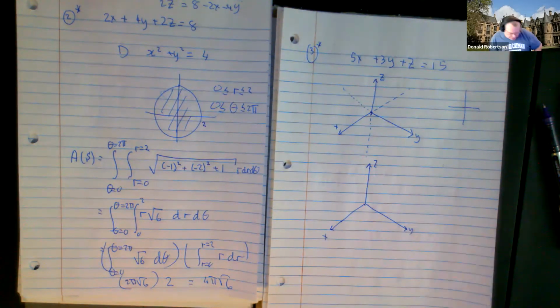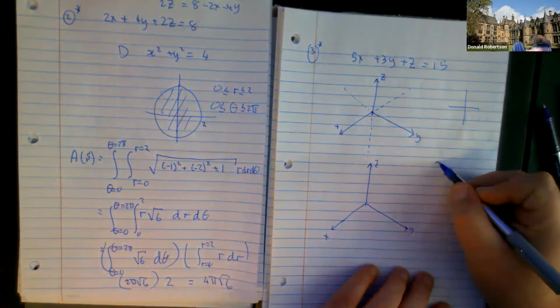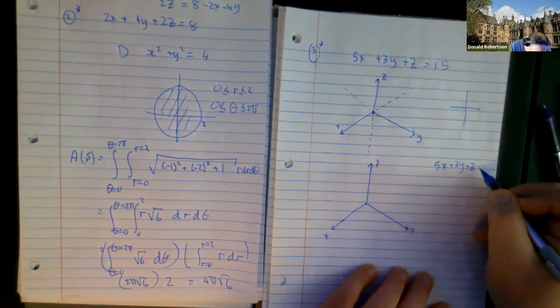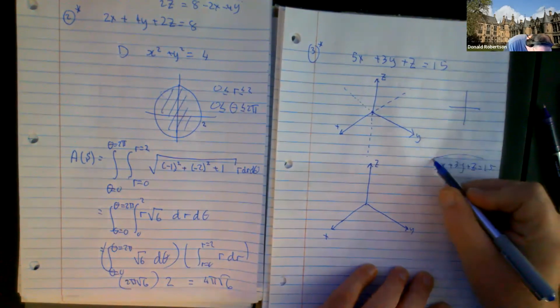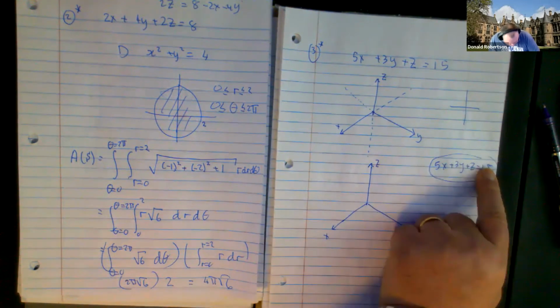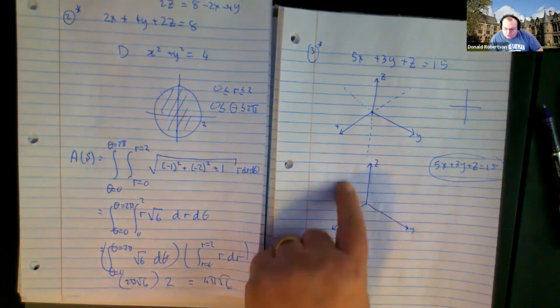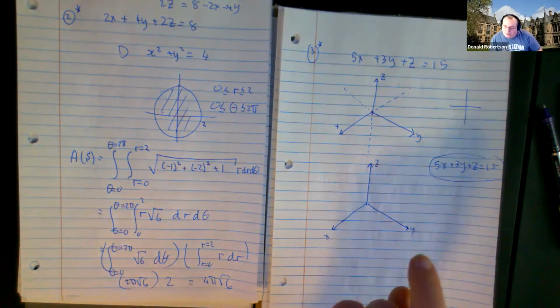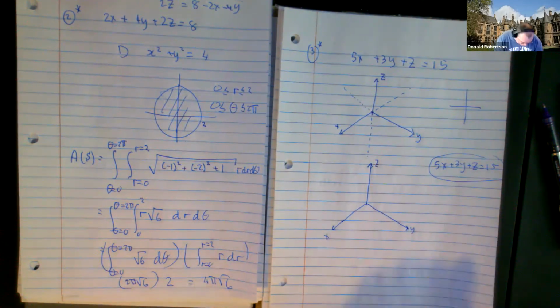So here goes. I am going to draw a quick sketch of what that plane looks like inside the first octant. And the way I'm going to do it is find out where it cuts the X, the Y, and the Z axis.